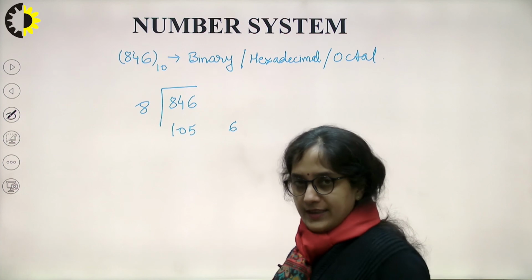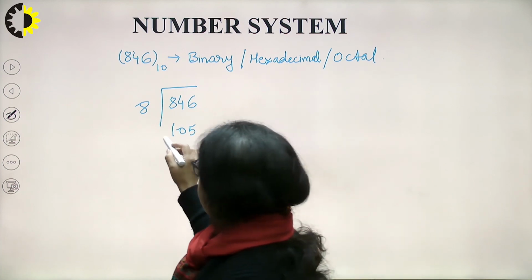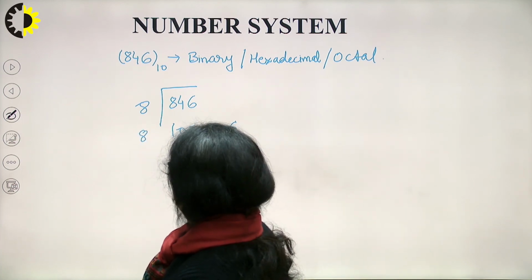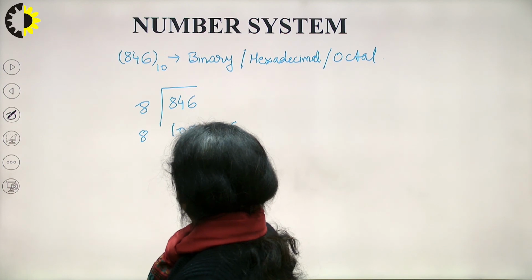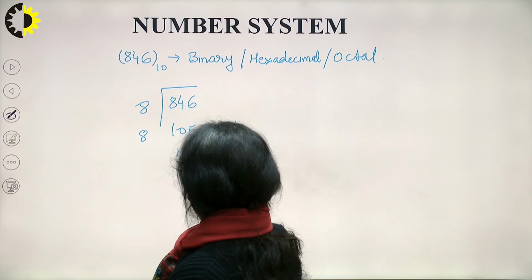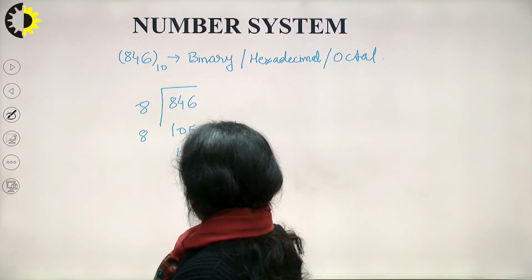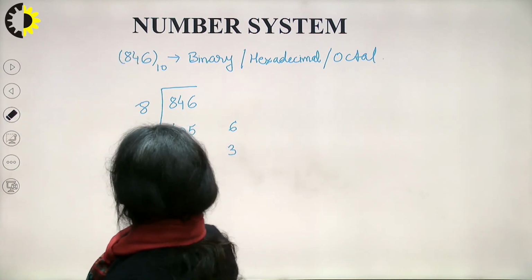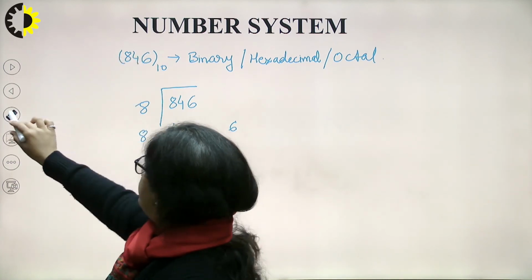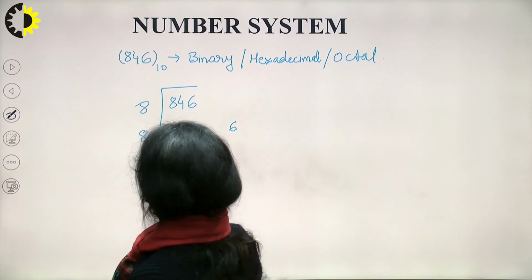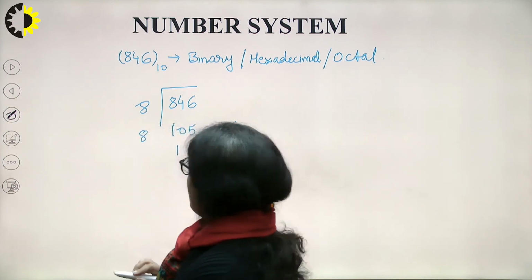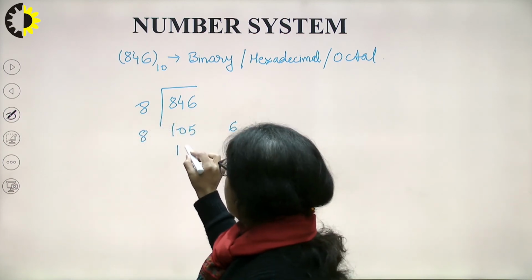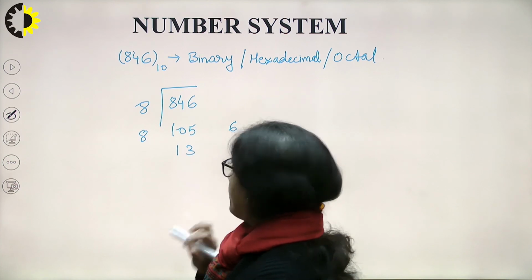The remainder is 6. Eight fours are 32, the remainder will be 25. Oh, sorry, my mistake. 8 ones are 8, 2, 25. 8 threes are 24, the remainder will be 1.